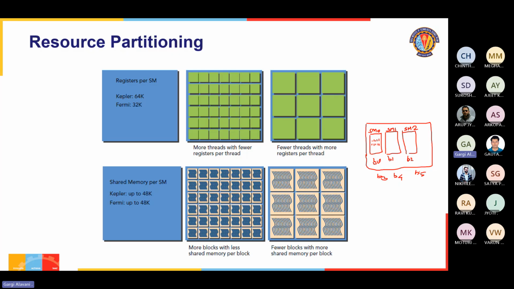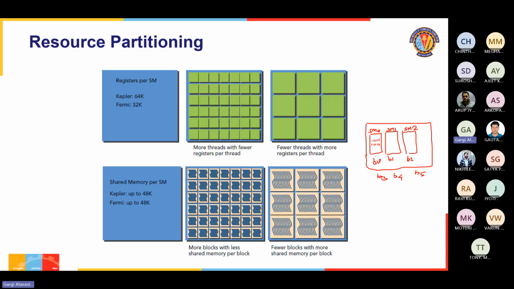The maximum threads allowed on an SM at a time is around 2048 for most NVIDIA GPU architectures. You can get this data using the device query. When 2048 threads are the maximum allowed on an SM, it need not be the case that every time 2048 threads reside. Why is it so? Because we also have to consider, for that particular thread of that block, what its requirement is in terms of resources.